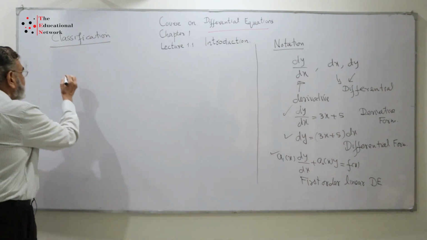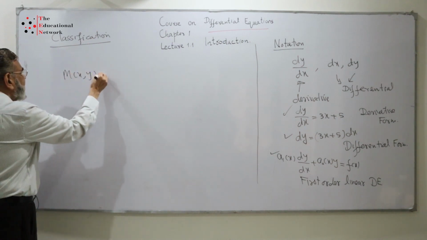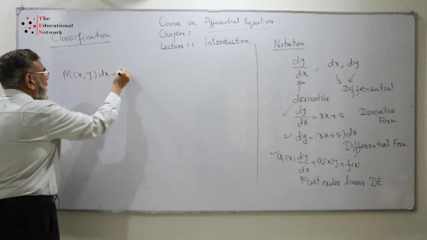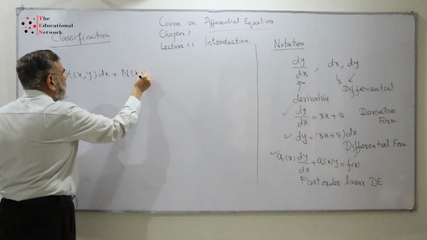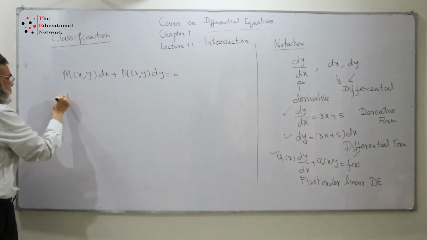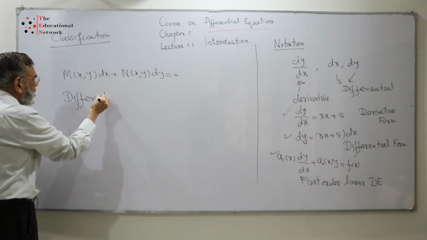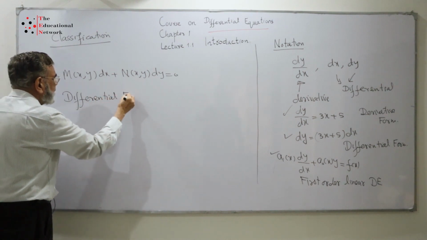So I can write this form, M(x,y) dx plus N(x,y) dy equal to 0. This is my general form, this is the differential form. In general, we write like this.